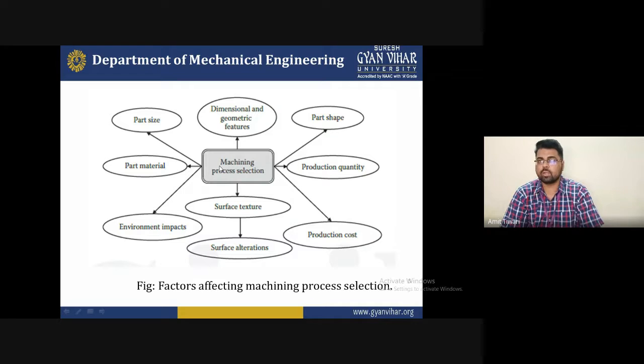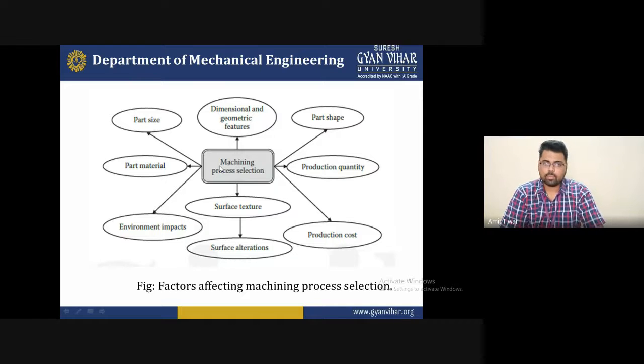Every machining has a different tool, and every workpiece has a different cutting structure. So if the workpiece material is harder, then we select the tool material accordingly for machining. The part material is identified as most important because after that you can understand what material to select for the tool for the machining operation.